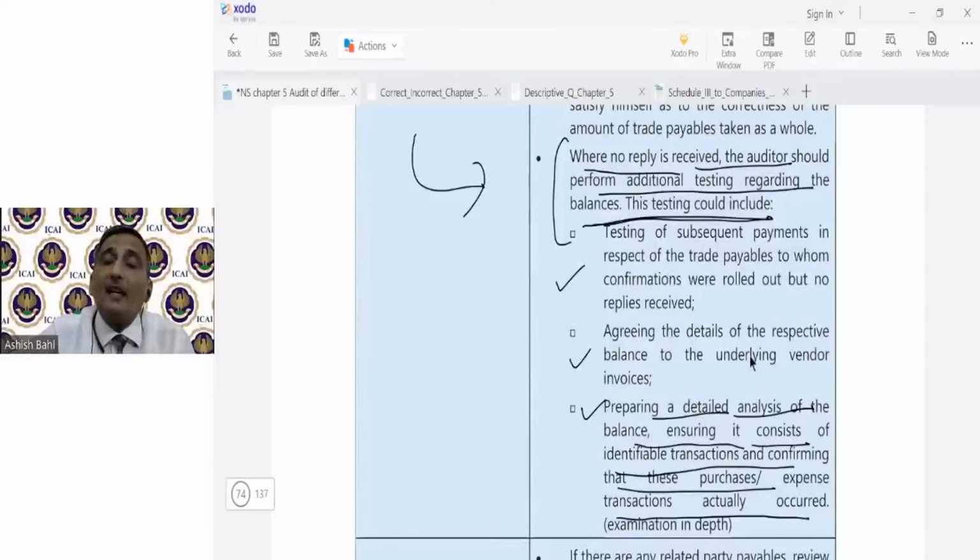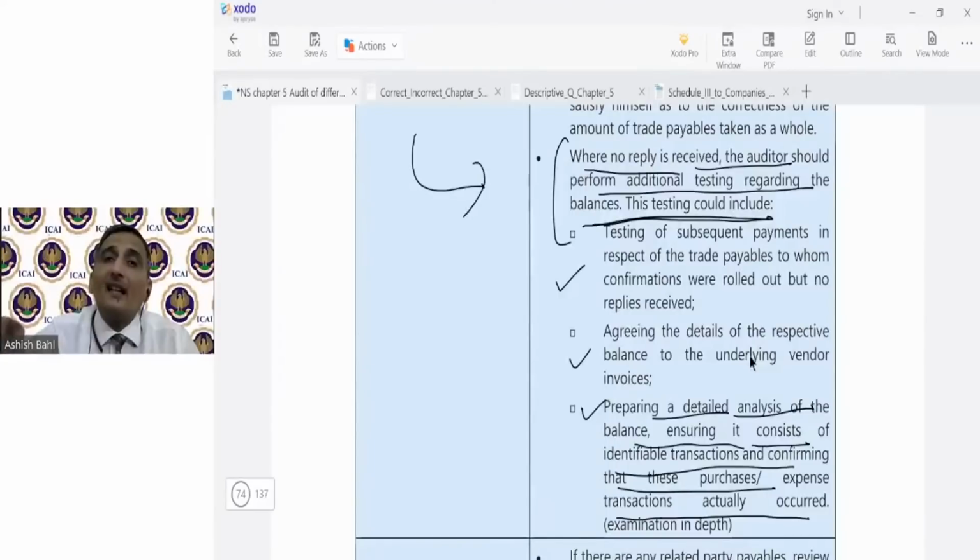You would try to see how the order for these transactions was placed in the first place, and whether the goods were received in the company. Whether there is any documentary evidence which proves that goods were in fact received by the company, and whether these were entered in stock records.